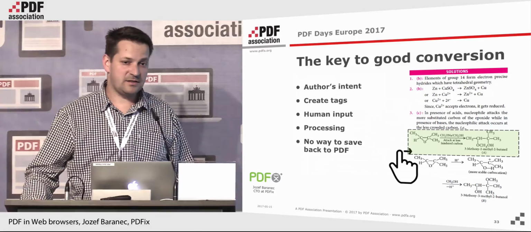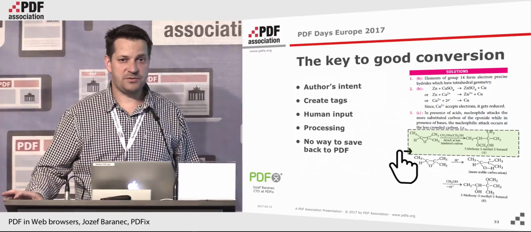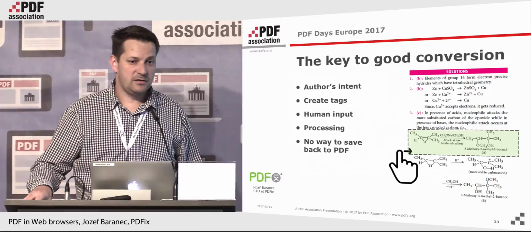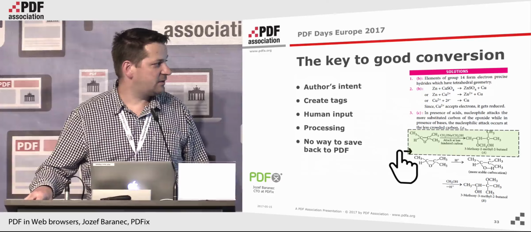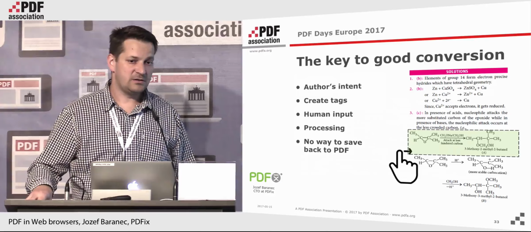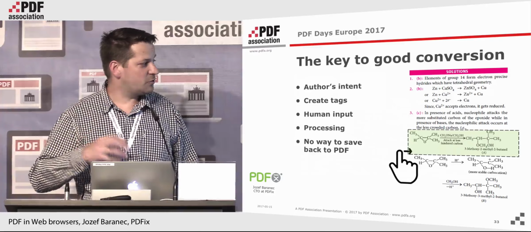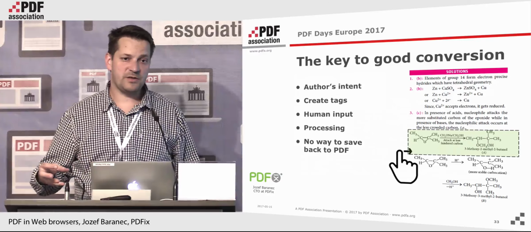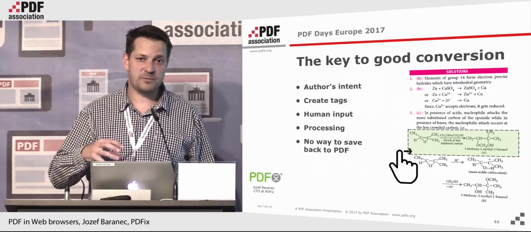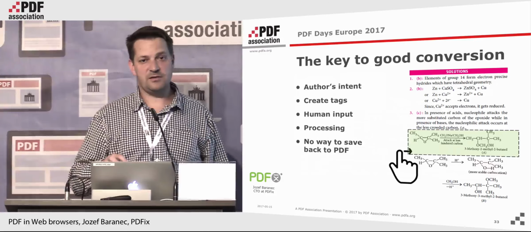If no tags exist, it means documents are already created. Human input is necessary to identify the elements to be 100% sure that the processing was correct. And even if you do this, there is currently no way to save back the information about the processing, about selecting different elements, into PDF.